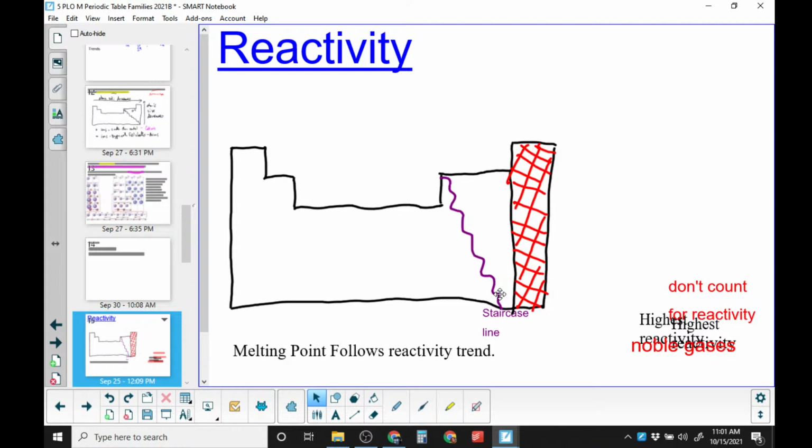Now, where's the highest reactivity? Kate needs a point. Kate, what is the most reactive element on the periodic table? The one at the end. Which end? You're pointing to the left, to the right. So here, and top or bottom? Top.